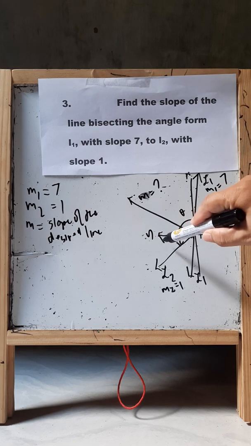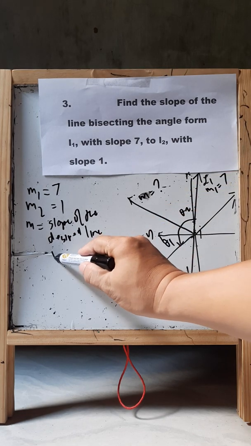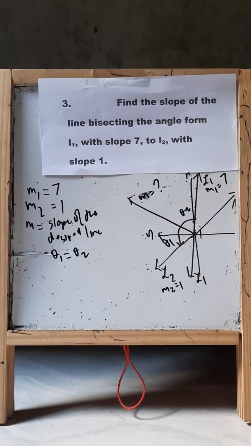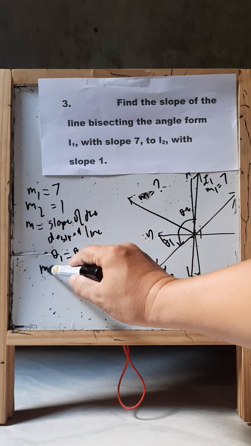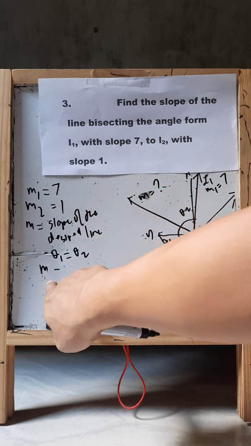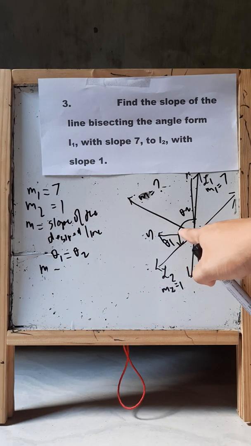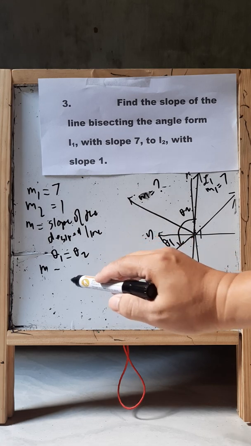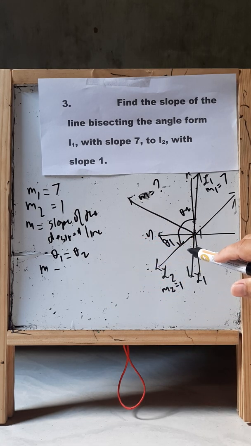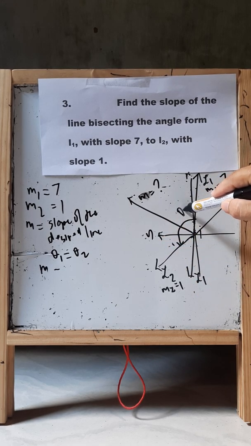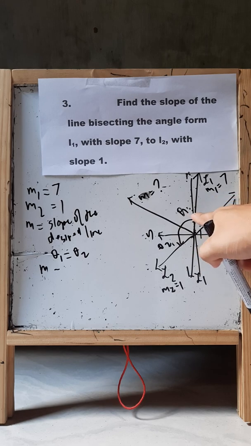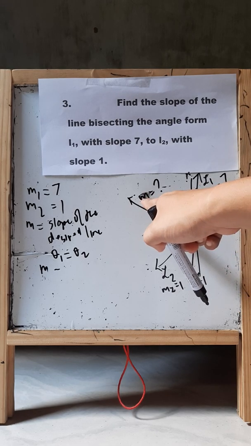So since theta 1 is equal to theta 2, then we'll have here now, for theta 1, our equation will be M minus... So for theta 1, line 2 is the angle bisector.